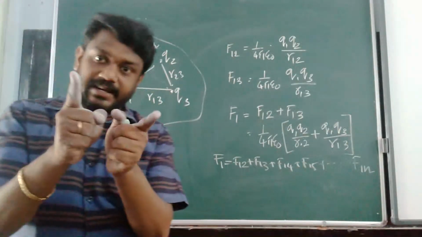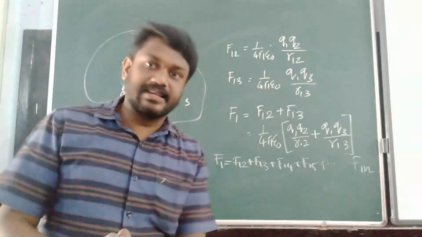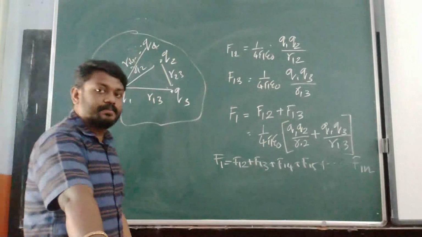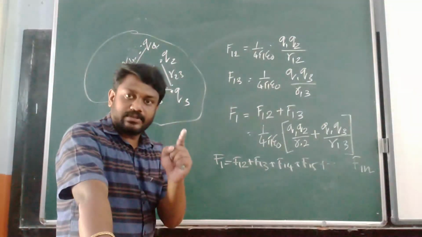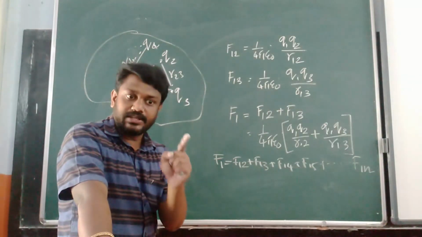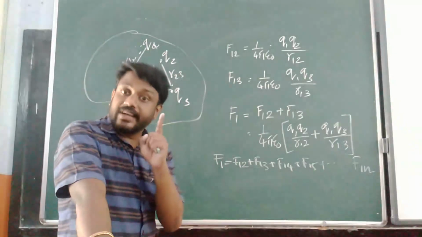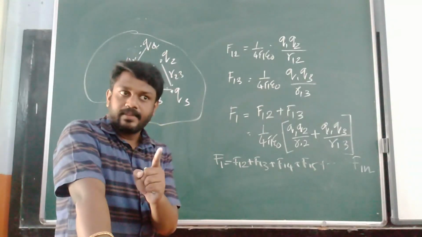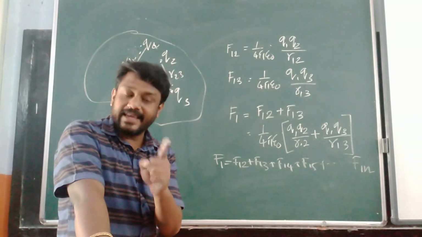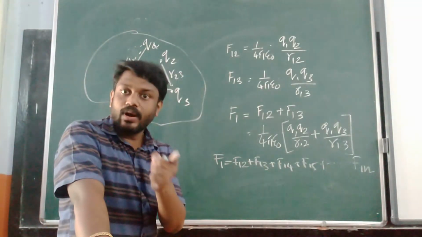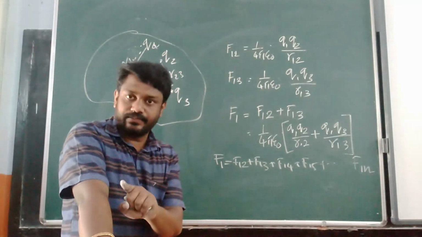That is a special theory in physics known as the superposition principle, which means the electric force acting on a charge due to a system of charges is the vector sum of forces exerted by all other charges irrespective of the presence of others.